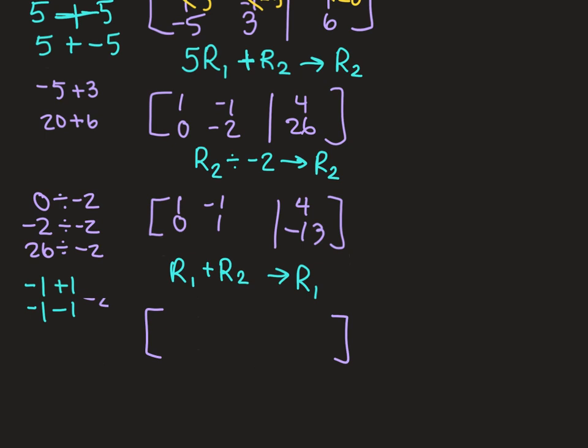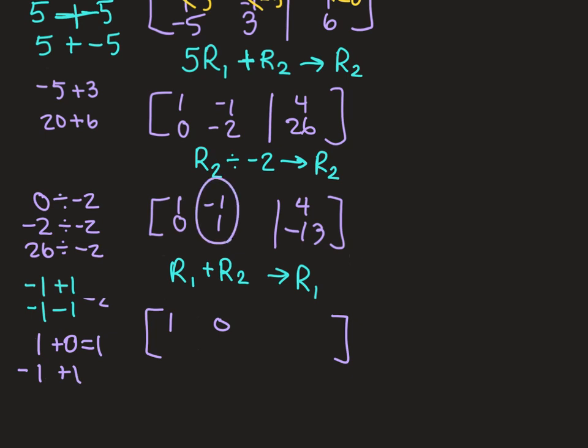Okay, so 1 plus 0 is still 1. Negative 1 plus 0 is, I'm not adding 0. Okay, let me start again. I know I did 1 plus 0 because I'm adding those two. Okay, 1 plus 0 is still 1. Negative 1 plus 1 because I'm adding these. Okay, now I got it.